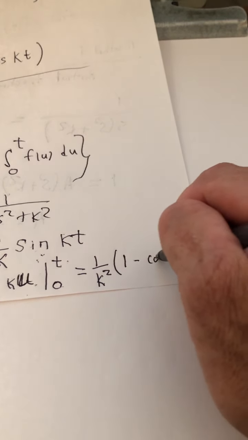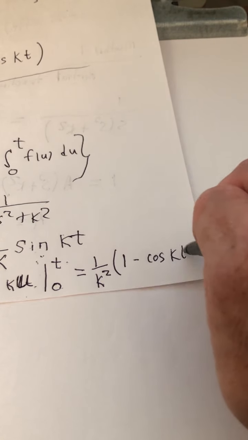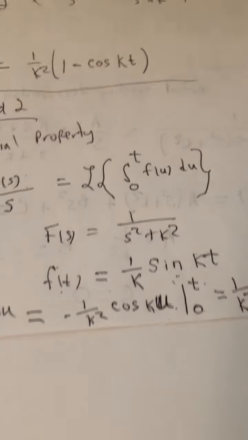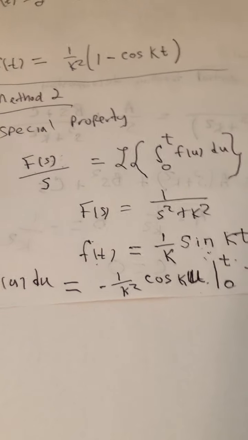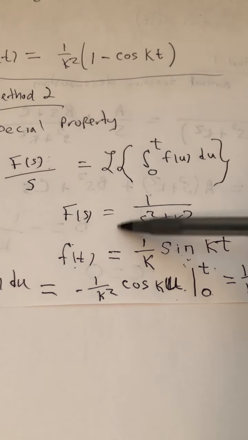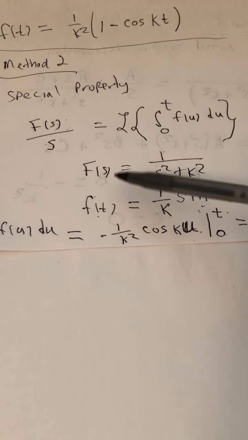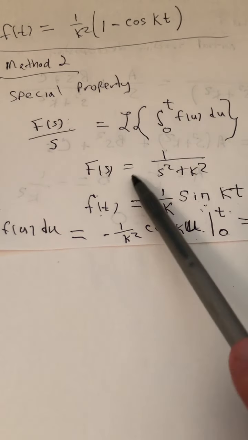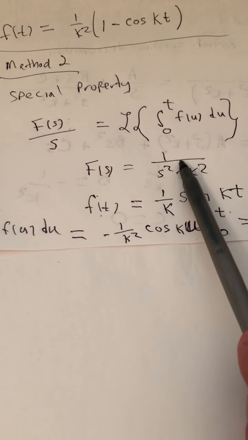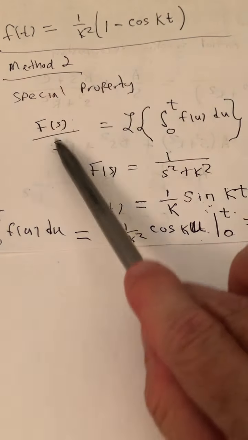The only problem I see with this second method is that it could be a little bit confusing. The small f of t that we find first is the inverse of this function, but without the dividing by s.